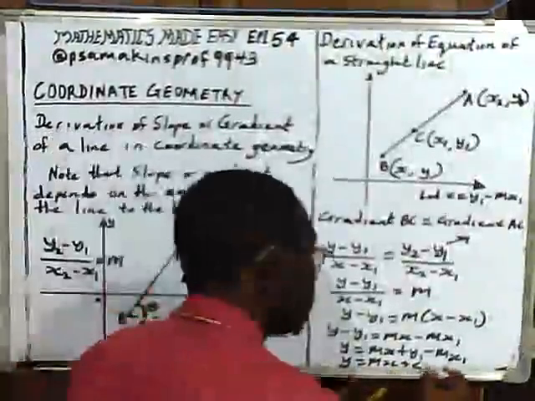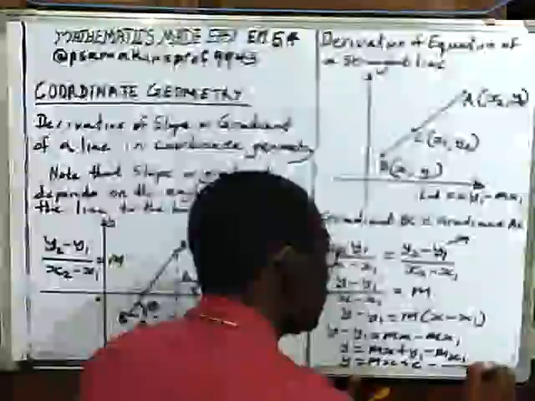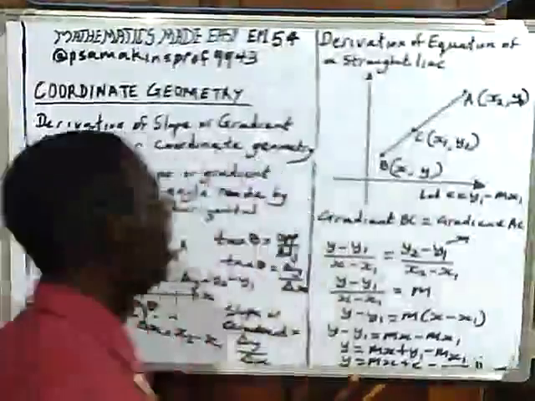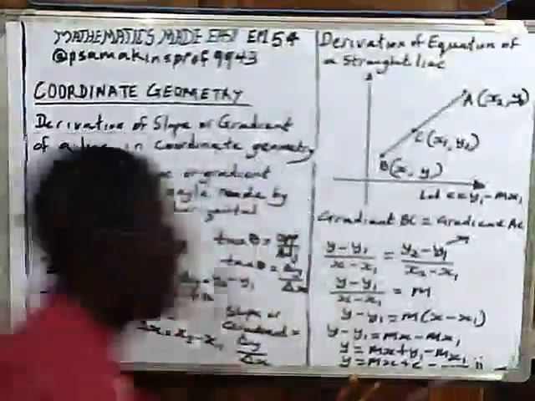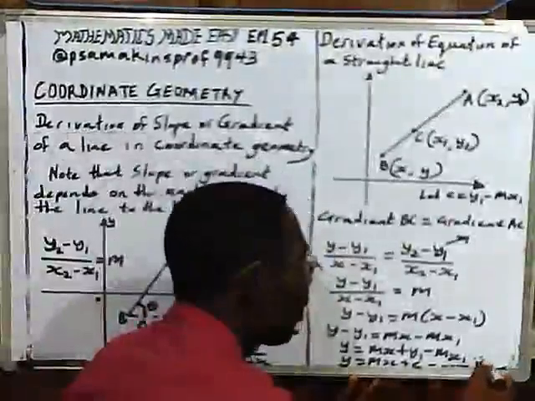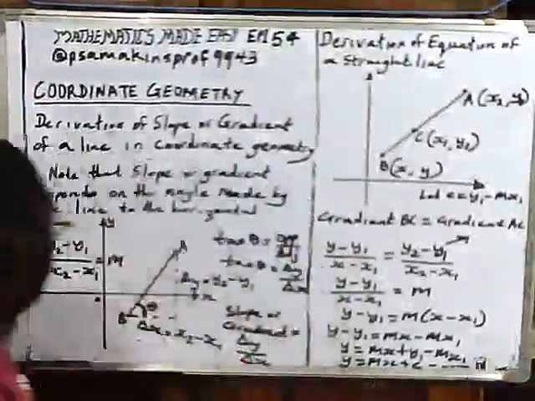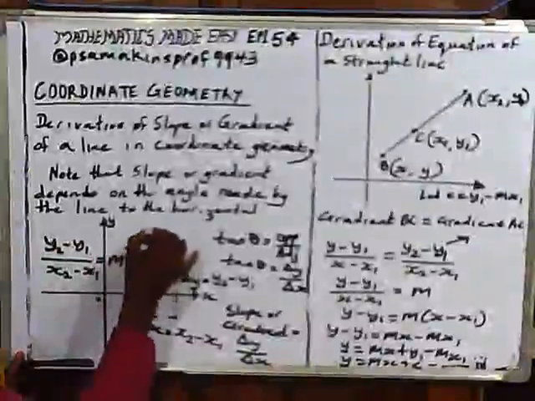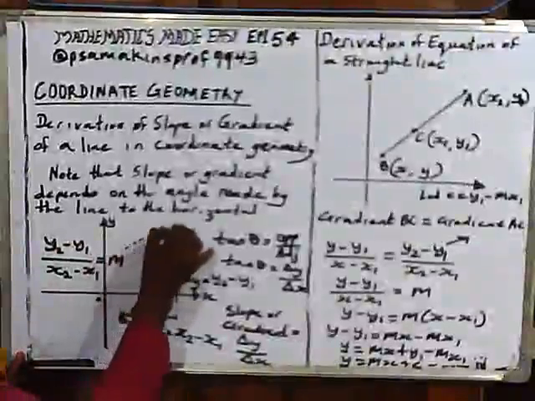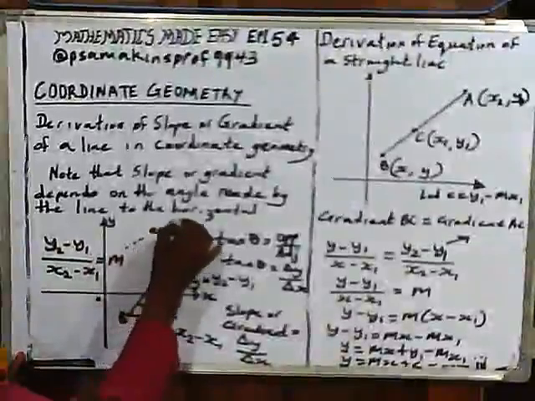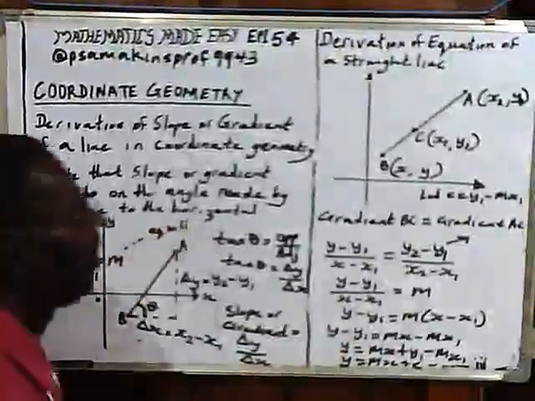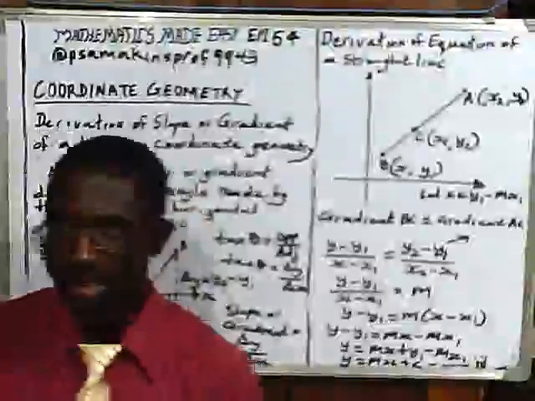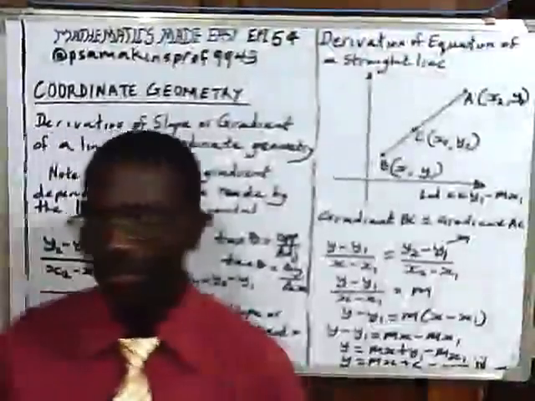So let's call this one equation 2 under coordinate geometry.